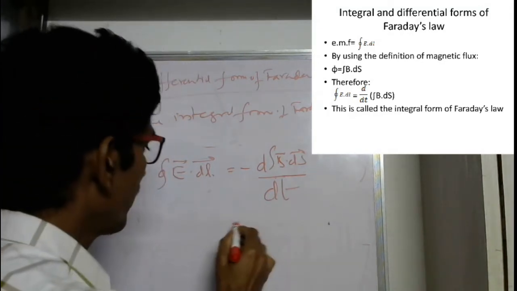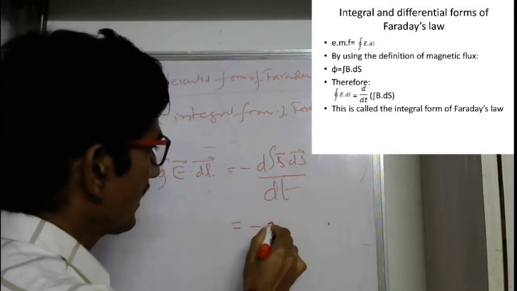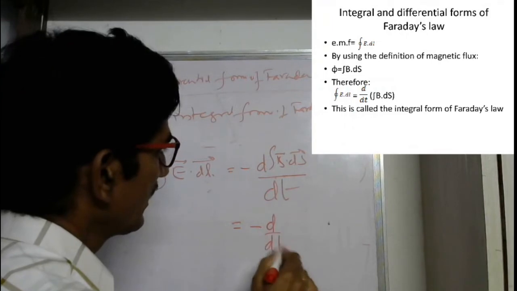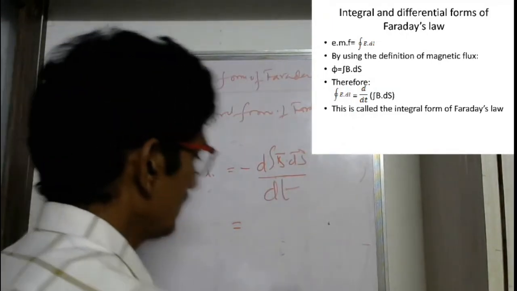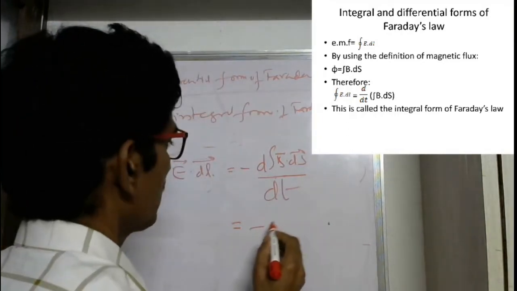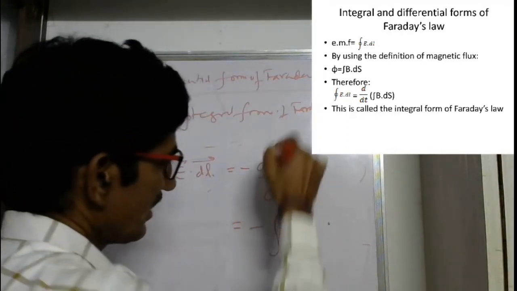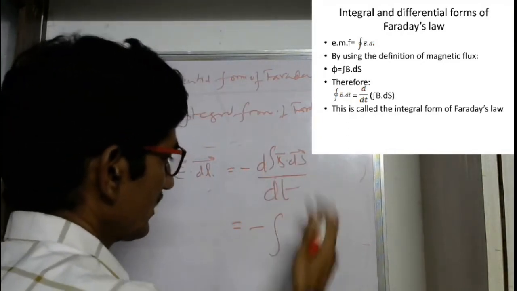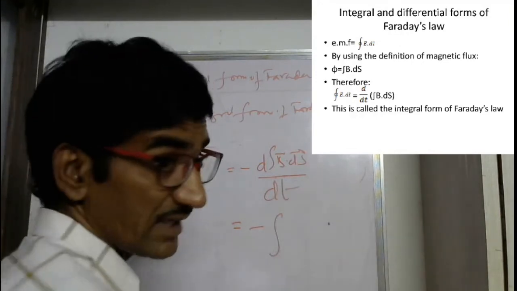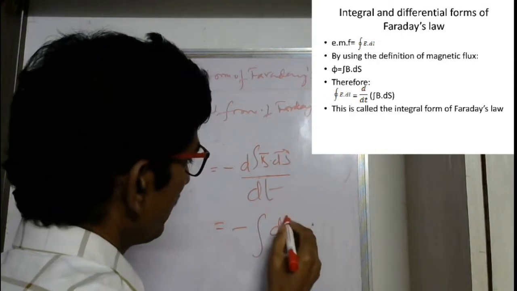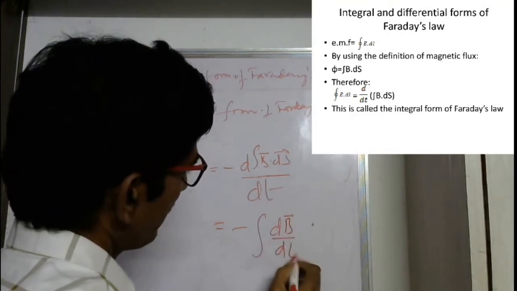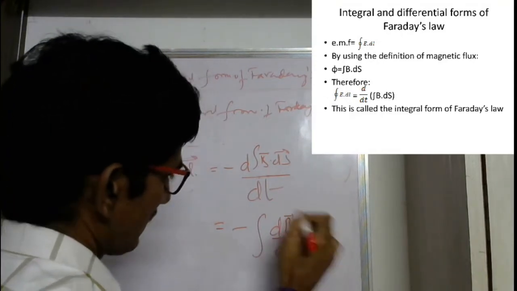Now you may write this side with minus d by dt. You just keep only the minus outside and take this d by dt inside of this integral. Inside the integral symbol we have dou B by dou t dot ds.